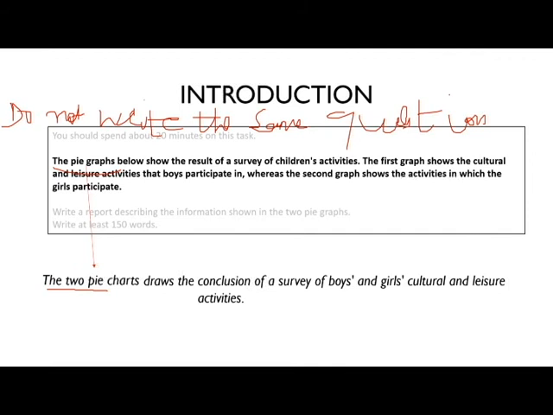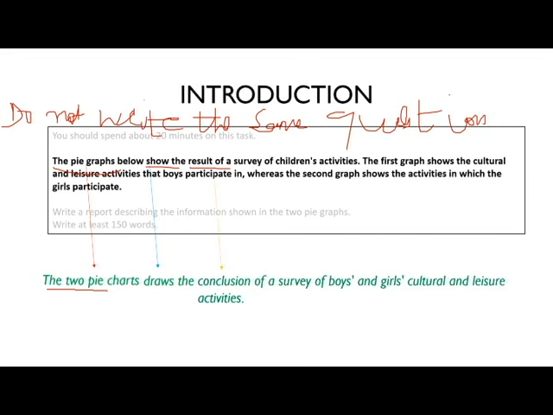Now let's look at the second part. Instead of shows, I've written draws. It is a different word, basically a verb, so I've used a synonym of the verb. Now, when it comes to the result of the survey of children's activities, instead of result, I've written conclusion, as in conclusion of a survey.